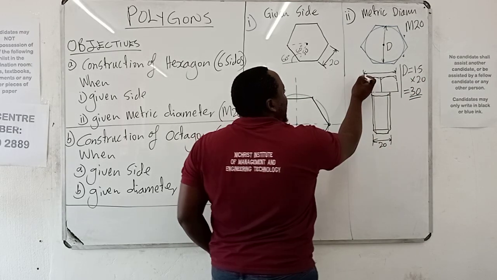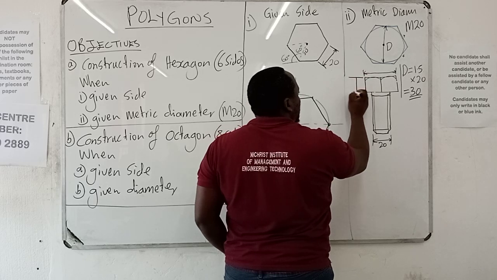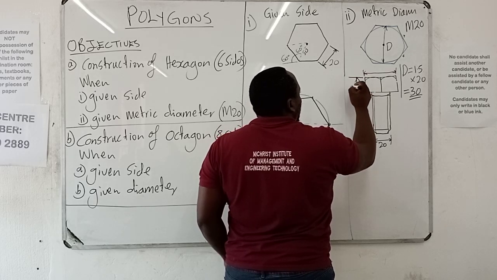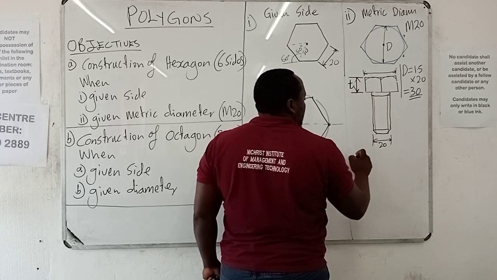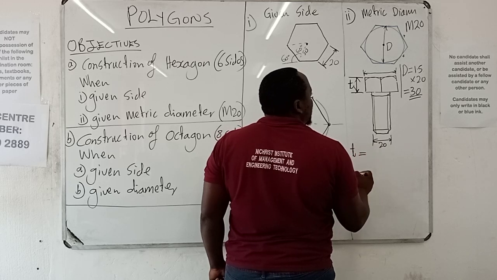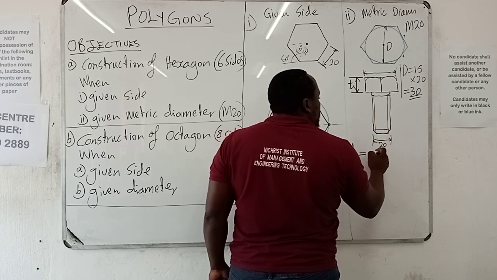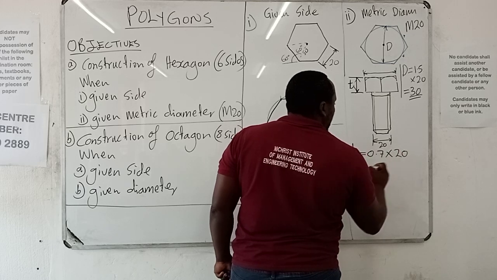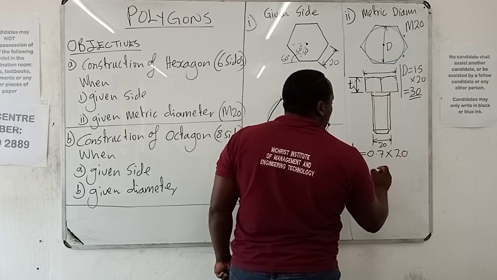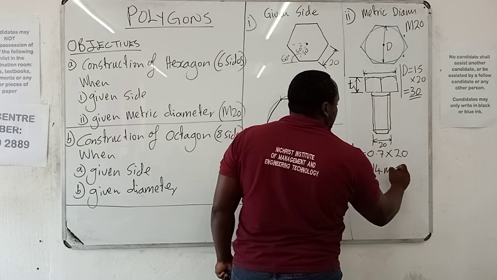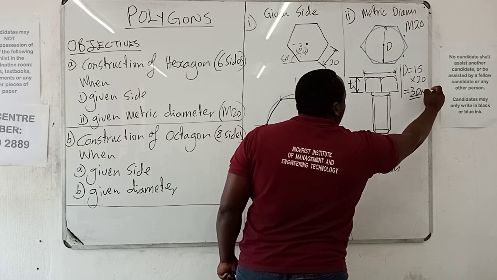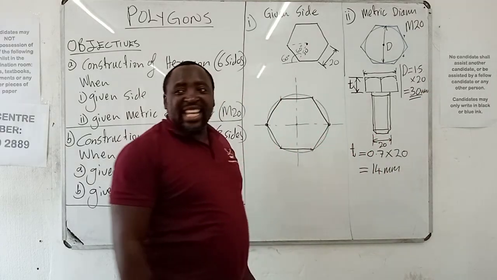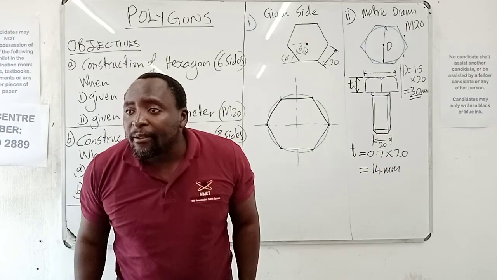What about the thickness of a bolt head? Thickness is equal to what? 0.7 times 20 is equal to 14 millimeters. That is the thickness of a bolt head.